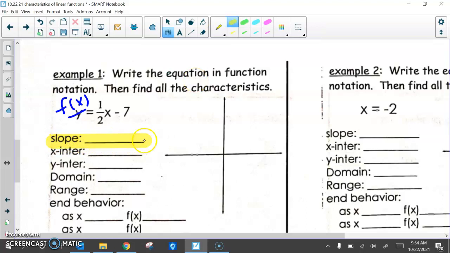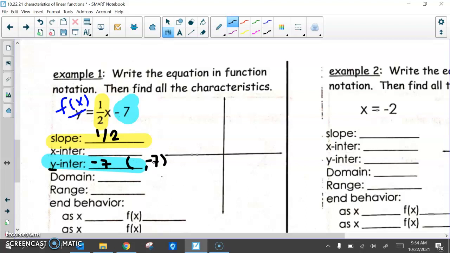I know the slope and I know the y-intercept. So the slope is going to be 1/2 and the y-intercept is -7, but I want you to get used to writing it as a point. Because it's the y-intercept, this -7 has to go in the y space.